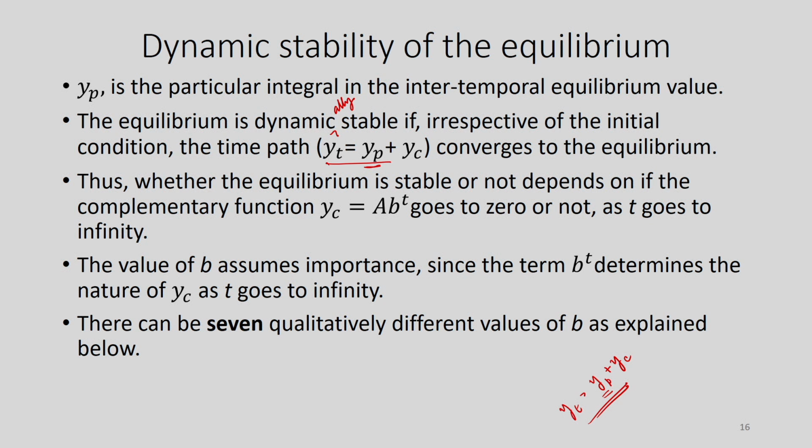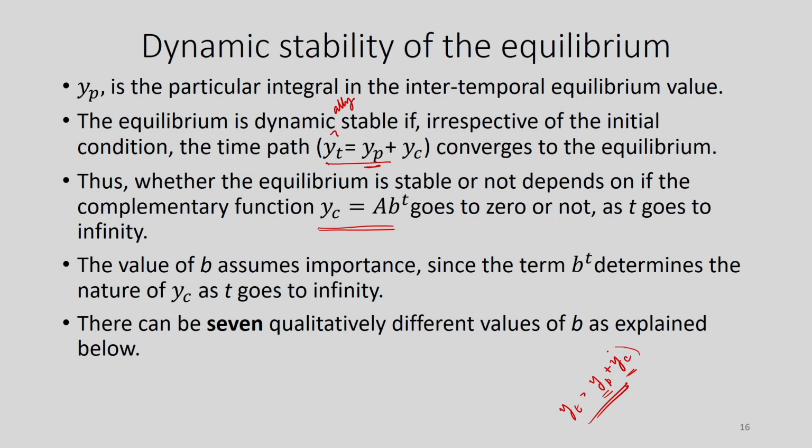Thus, whether the equilibrium is stable or not depends on whether the complementary function, that is the other part y c, which we know is equal to a b to the power t, goes to 0 or not as t goes to infinity, right.